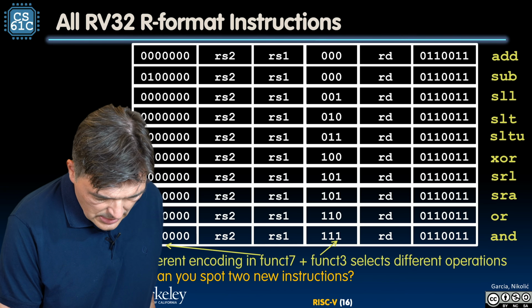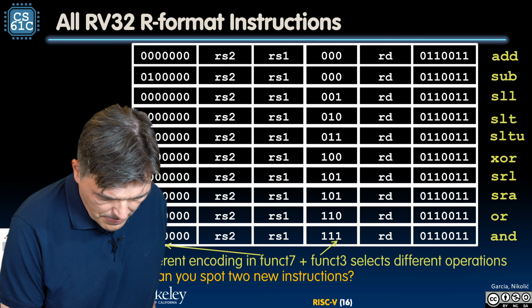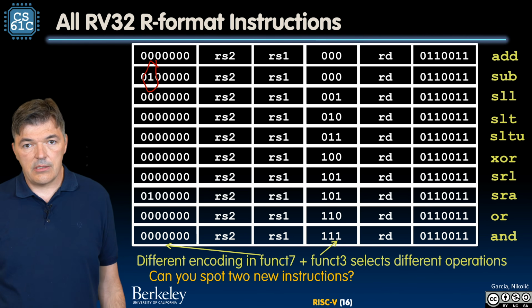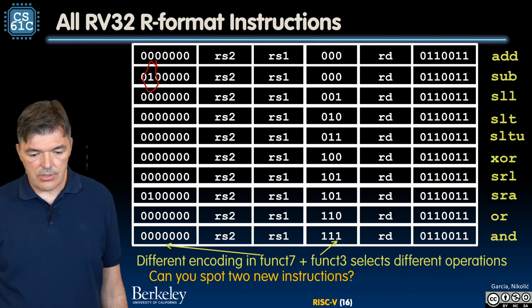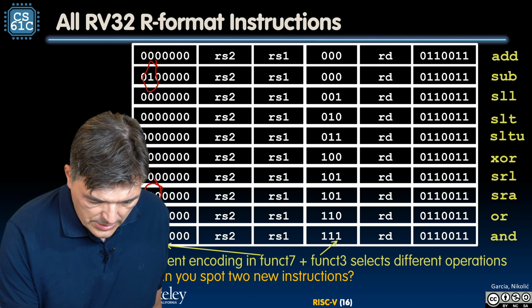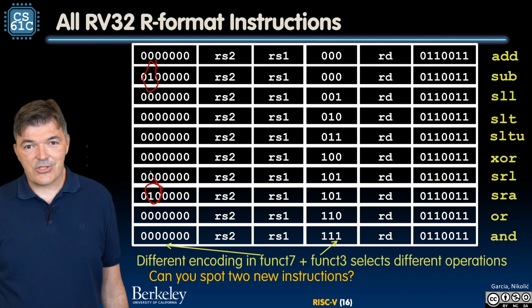So I'll go ahead and circle this. This bit basically says that I need to sign extend an operand before I perform subtraction. Which other instruction has that bit equal to 1? This one. What's that instruction? Oh, that's shift right arithmetic. That's another one that does the sign extension.